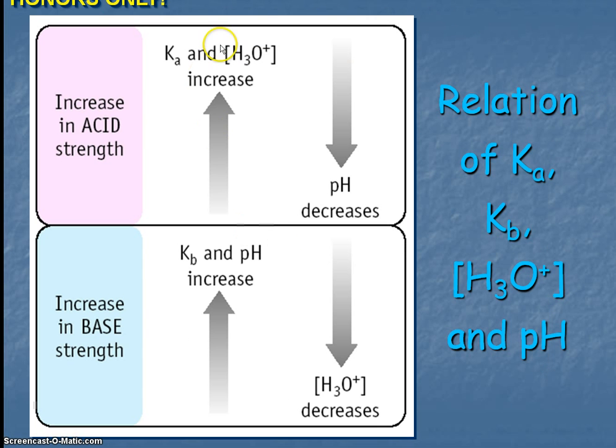Increasing strength in acid, Ka increases. pH decreases, becomes closest to 0. For Kb, increasing strength of a base, Kb increases, while the H3O plus decreases, but the pH increases.